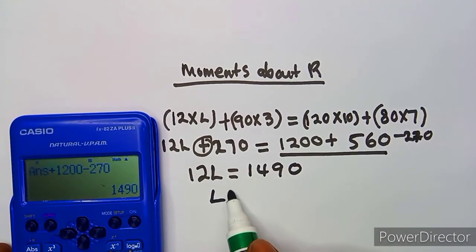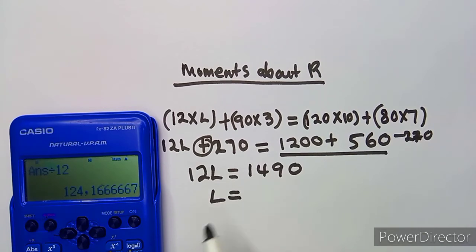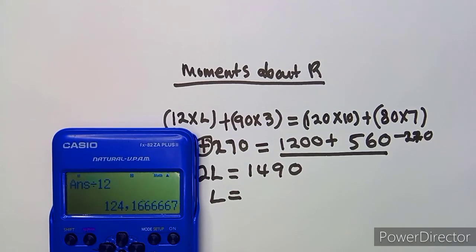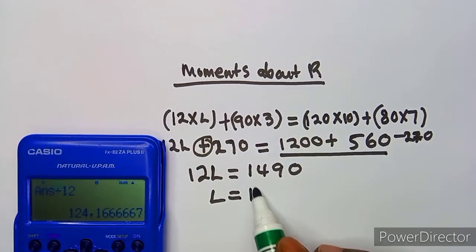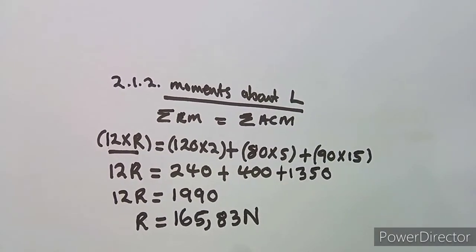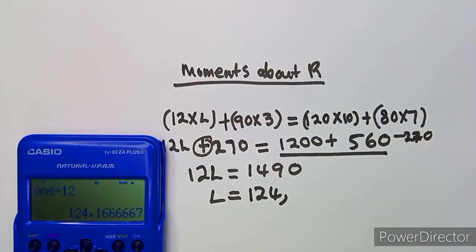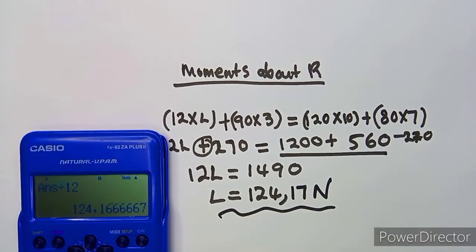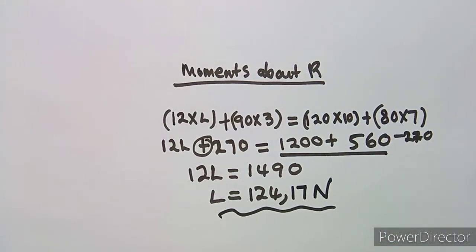Then we divide by 12 so that you can obtain your L. It's a decimal again, 124.1666 and so forth. Since in the first question we used 2 decimal places, let's also use 2 decimal places so that it balances well. So it's going to be 124.17 newtons. This is going to be our force, or the support L.